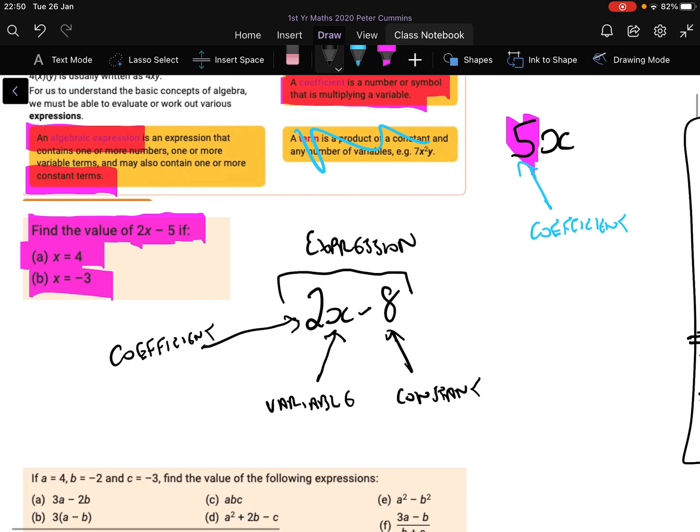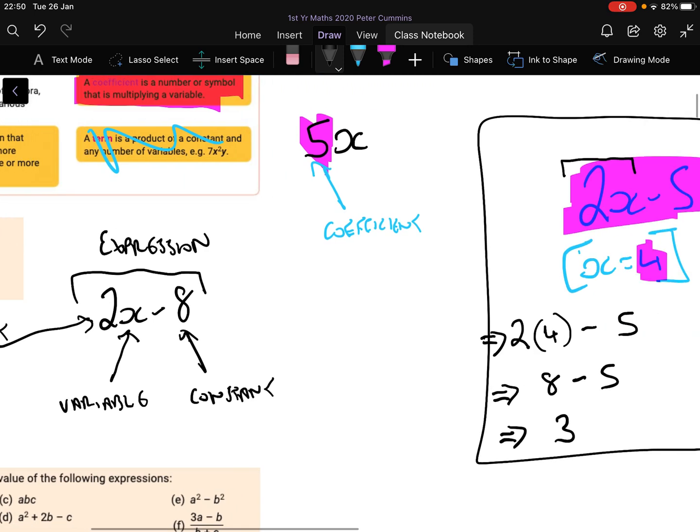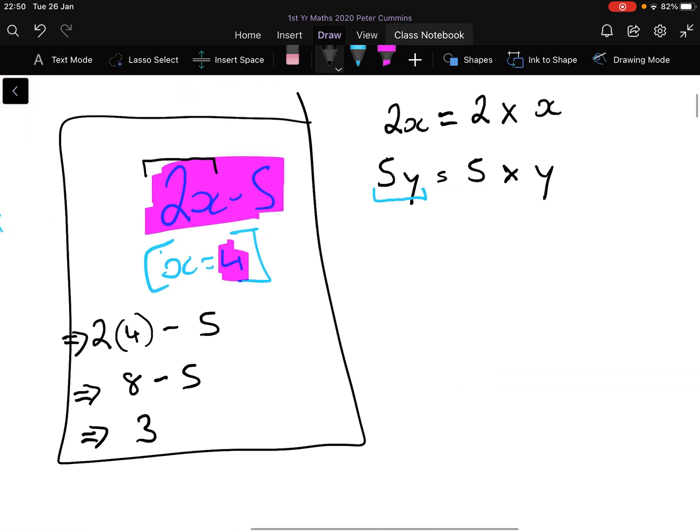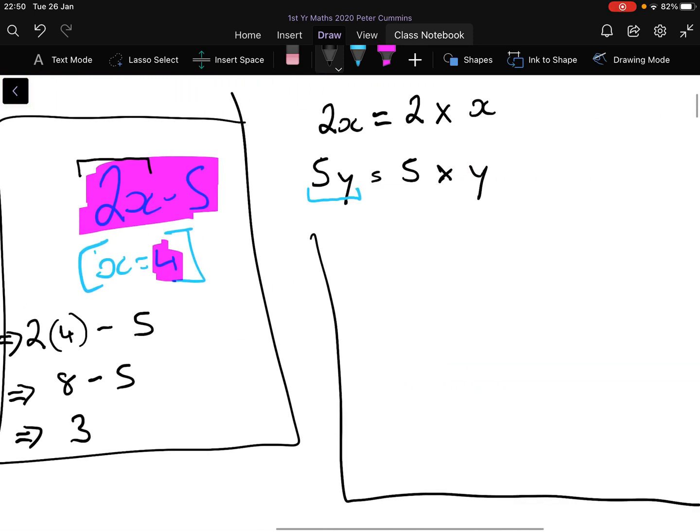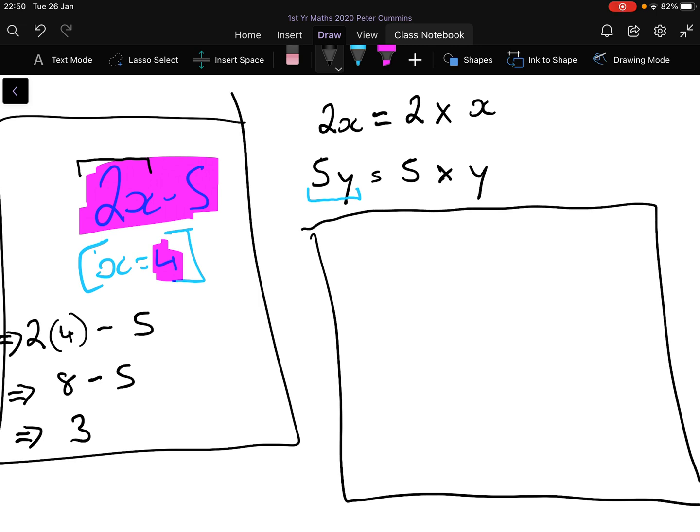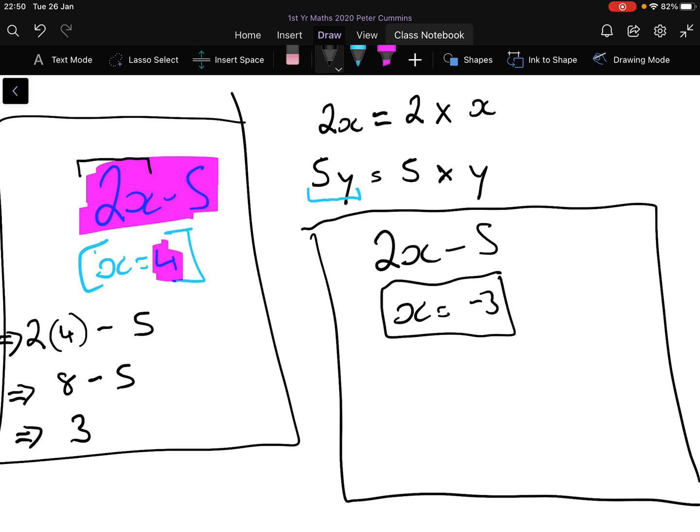The other thing they said was you could also do it where x is equal to -3. So I'm going to write it out again. I'll put it in a box over here. So x is -3, and here's my expression again, 2x minus 5. This time we're going to let x be -3. So 2 times -3 minus 5.